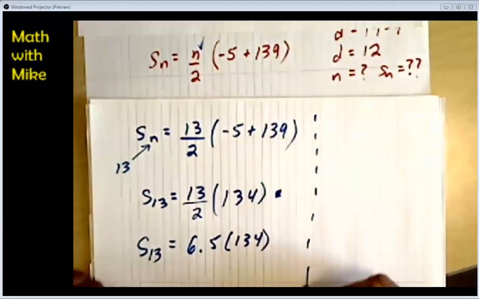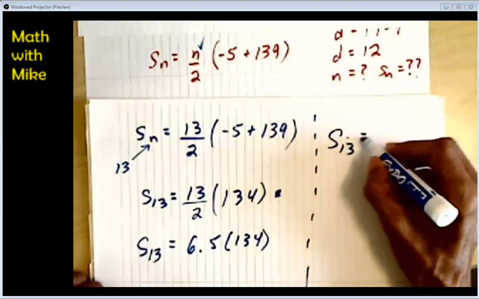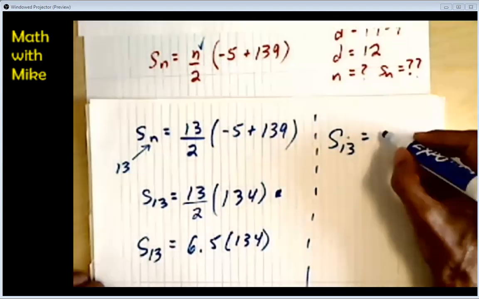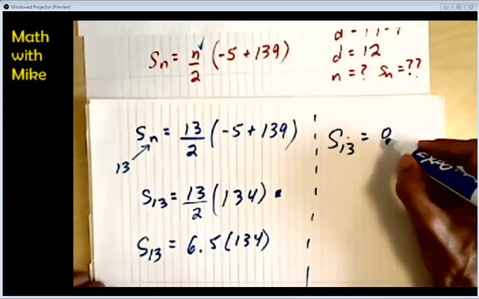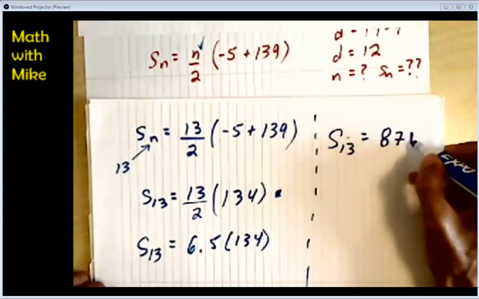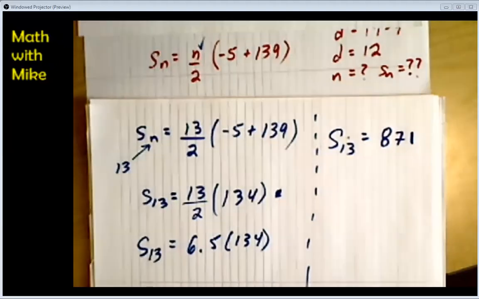Grand finale gives an answer of what? S13 is equal to 871, right? Yeah, okay, good. So that finishes that.